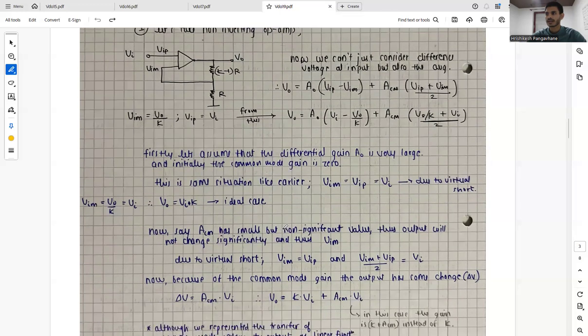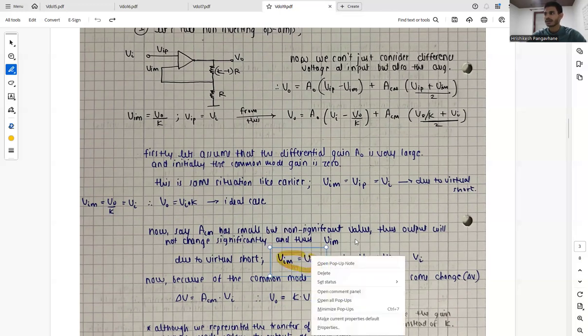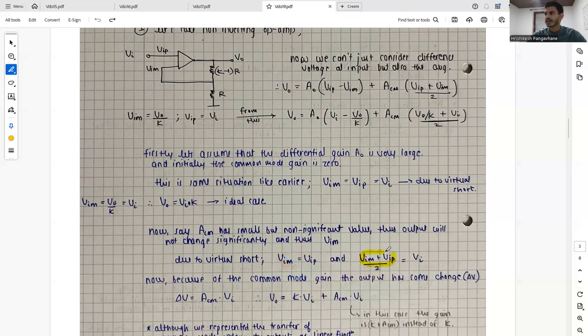So VIM will not change significantly, but due to the virtual short, VIM equals VIP, and (VIM plus VIP) by 2 will become (Vi plus Vi) divided by 2, which is 2 Vi divided by 2, which is Vi.